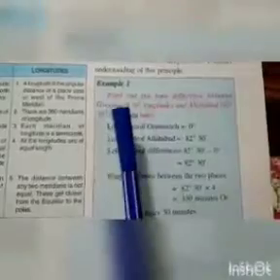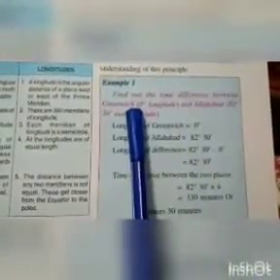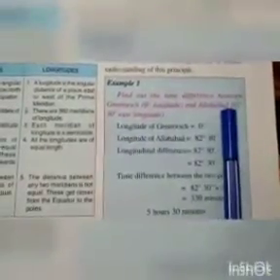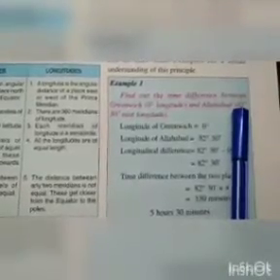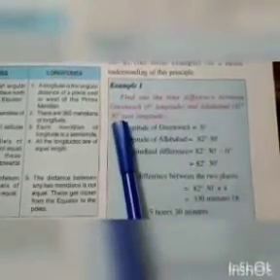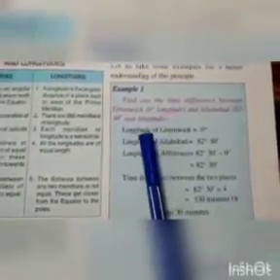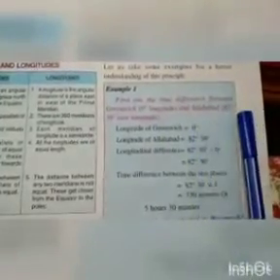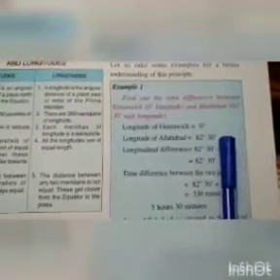Example number 1: find out the time difference between Greenwich, and we know that Greenwich is 0 degree longitude, the prime meridian, and Allahabad, Prayagraj, the Indian standard meridian, 82.5 degrees east longitude.